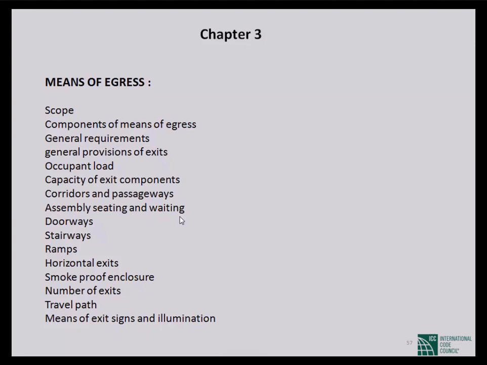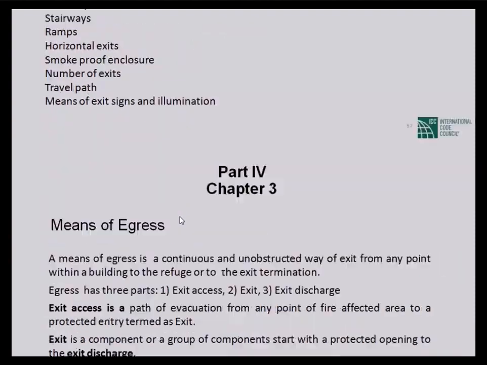Now in 2022 we use means of egress. I will show the definition of the means of escape also. It is a similar thing, but means of egress has a different meaning, a different combination. The combination of egress is different, but almost similar in language and meaning.